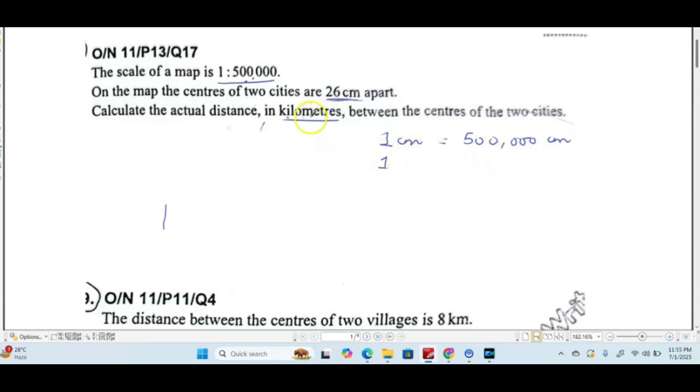So, as we have to take out the answers in kilometers, what we are going to do is first convert it into meters. That gives us 5,000 meters. And then finally we are going to convert it into kilometers.